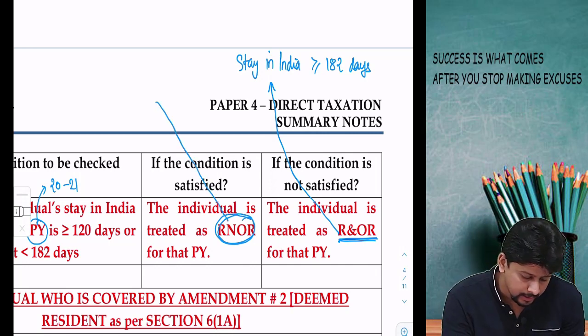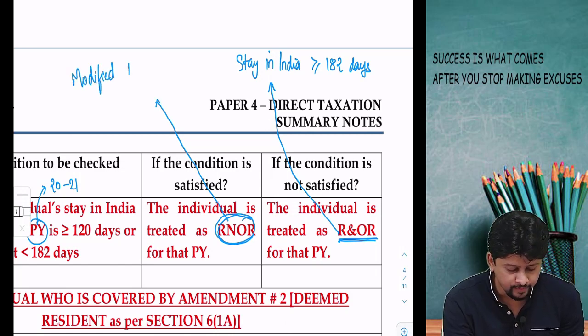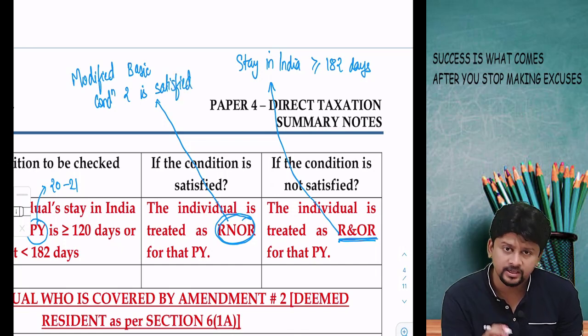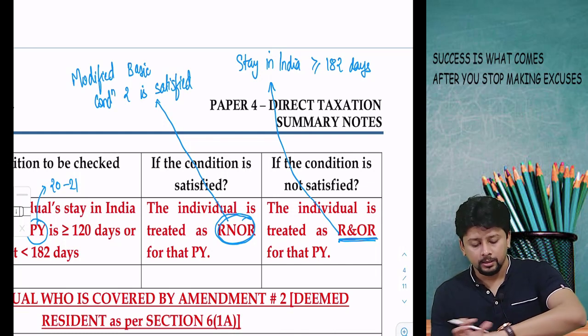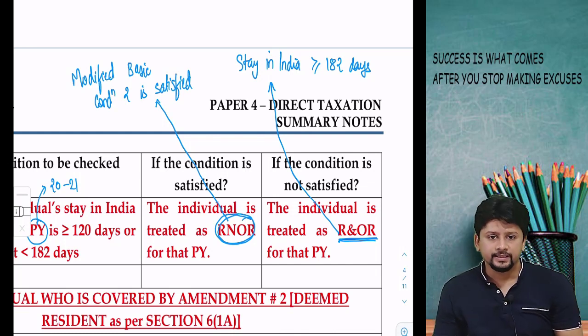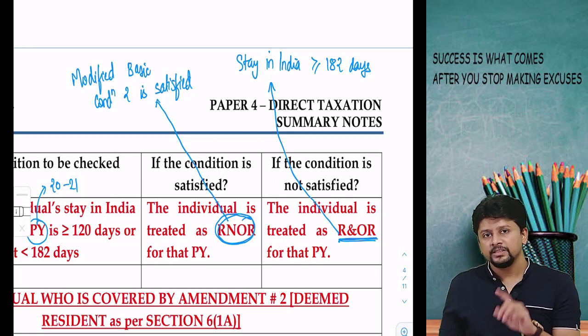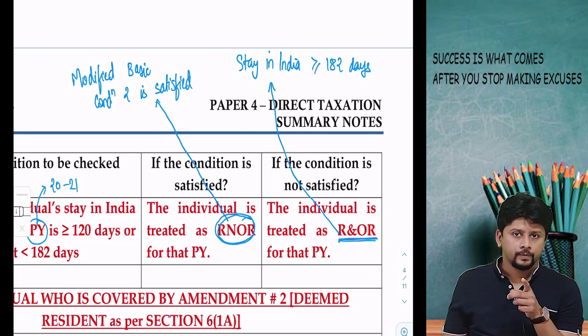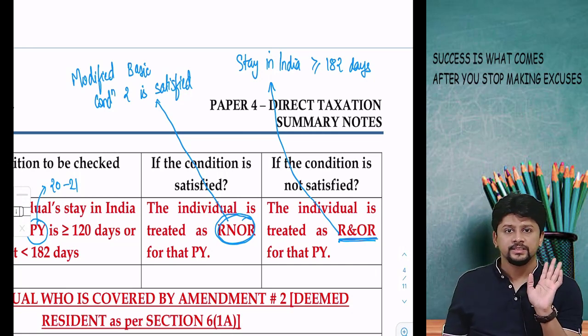But if modified basic condition number 2 is satisfied, then I am a resident, and then I will be treated as a resident but not ordinarily resident. If I am a resident as per basic condition number 1, then automatically I am a resident and ordinarily resident, covering myself in the amendment.